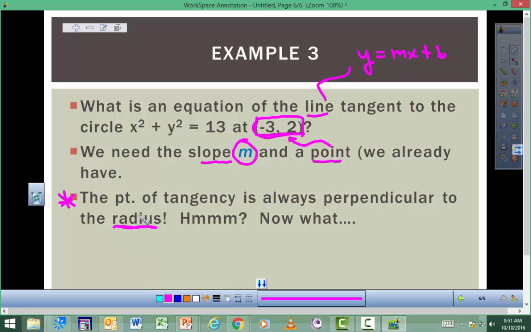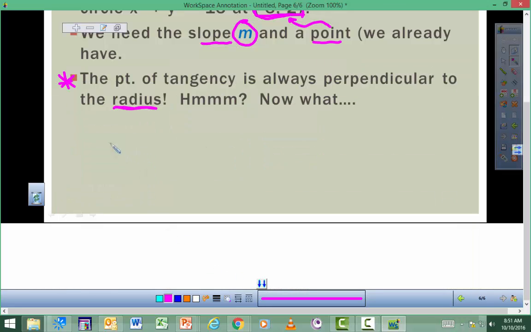So if you can find the slope of the radius at that point, then you can find the perpendicular one by doing the negative reciprocal. You guys remember the rule from geometry? If you have parallel lines, then slope number 1 is equal to slope number 2. But if you have perpendicular lines, then you take slope number 1 and multiply by slope number 2, and that product has to be negative 1.